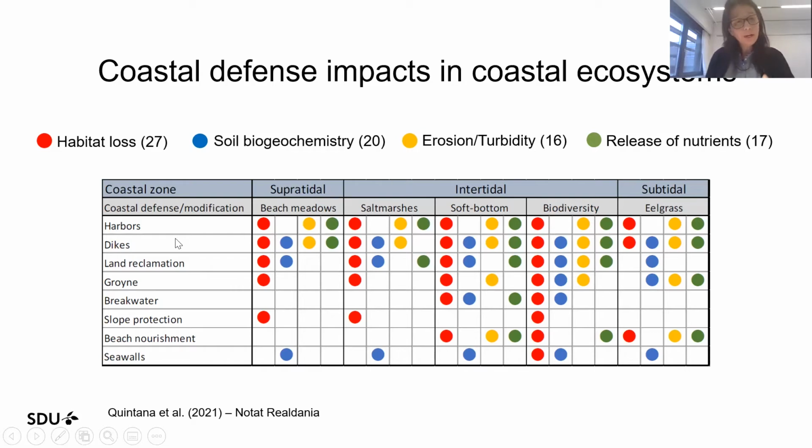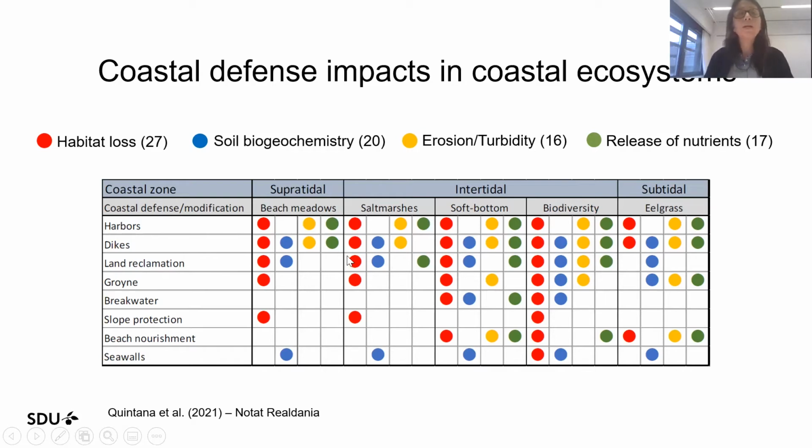Then I broke down the types of coastal defenses into different ones, and sometimes also modifications of the coast, such as land reclamation. So habitat loss is just from the physical act of having a dike or removal of the vegetation around, not only the coast, but streams. And if we look at the dikes and land reclamation, we also have change in soil biogeochemistry.